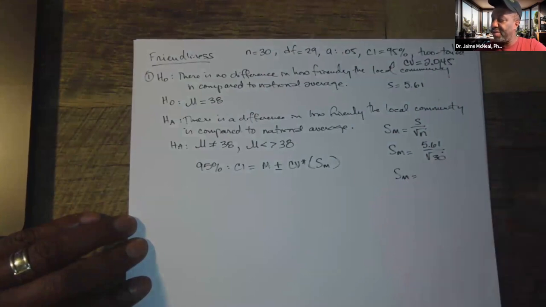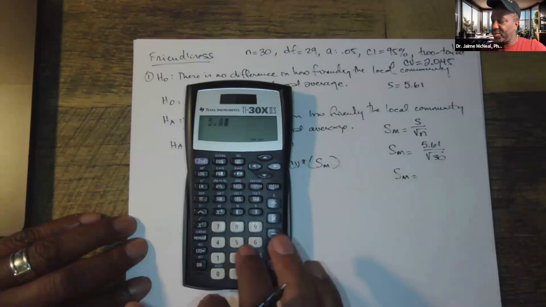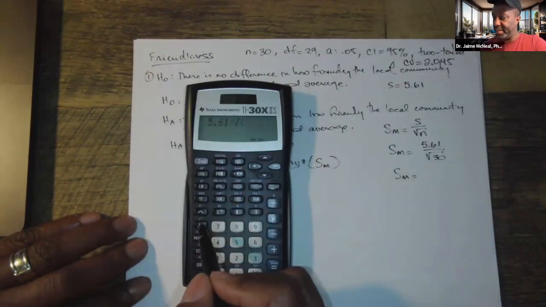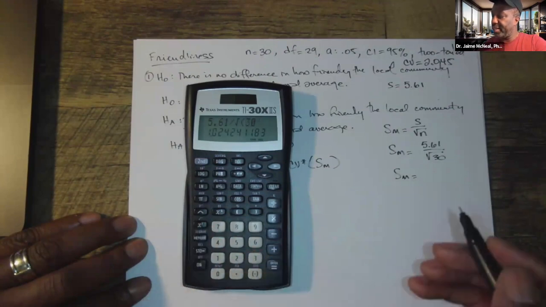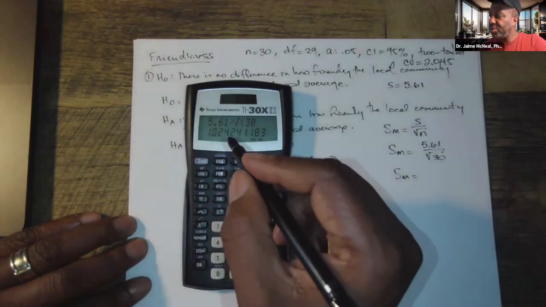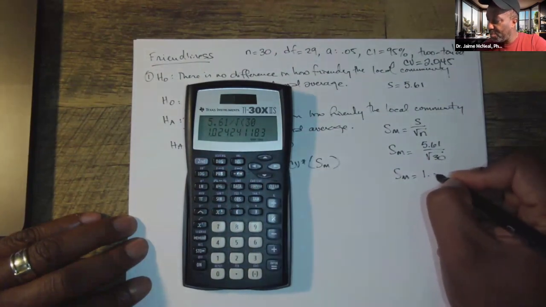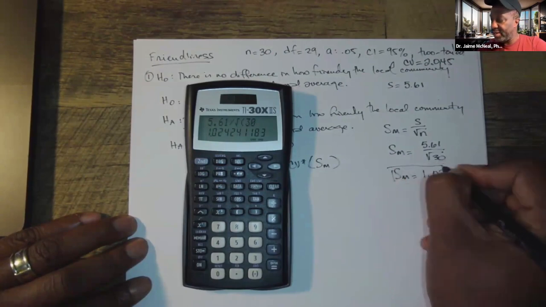So if we figure that out, 5.61 divided by the square root of 30. That gives us 1.024. So we can round it down to 1.02. Right, so that's the standard error.